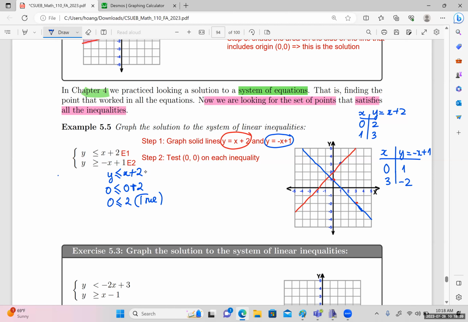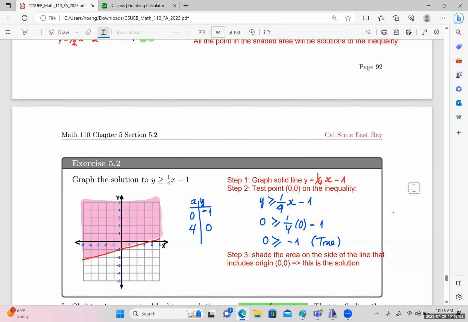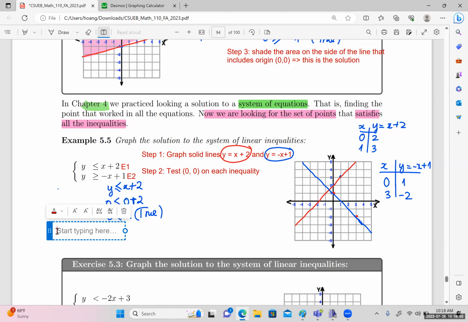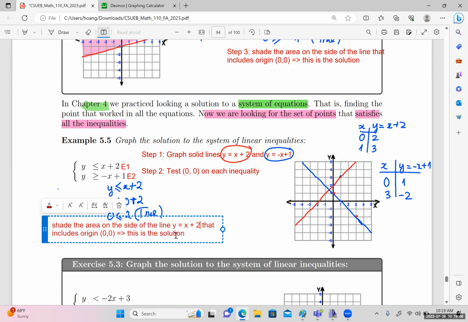All right, so we will need to shade the area on the side of the line y equal to x plus 2, right? That includes the origin. It is not the solution yet, okay?